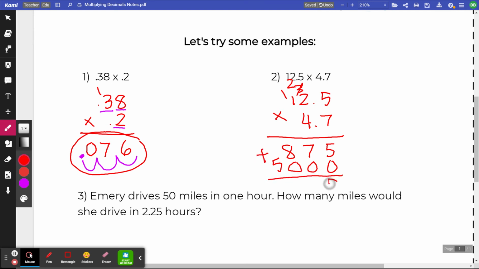Let's see, 5 plus 0, 7 plus 0, 8 plus 0, and 5. Easy. All right, now I got to see where my decimal goes. So I'm going to count how many numbers are behind the decimal points. There are 2. So that means I need 2 digits behind the decimal point in my product. So 58.75 or 58 and 75 hundredths.